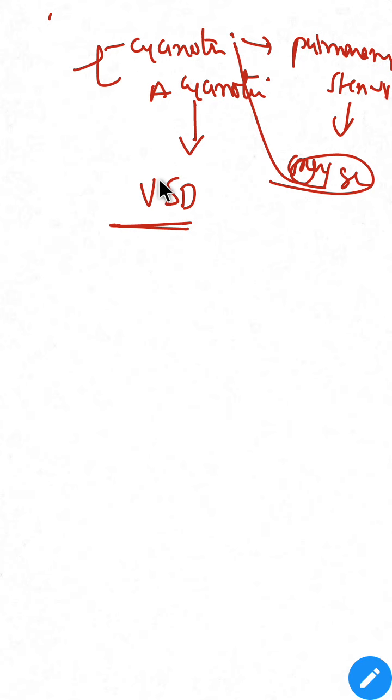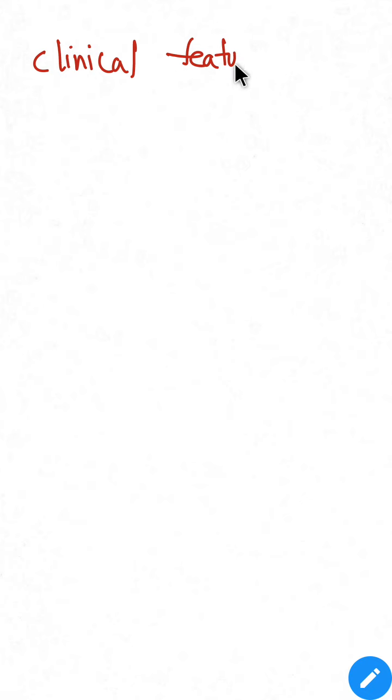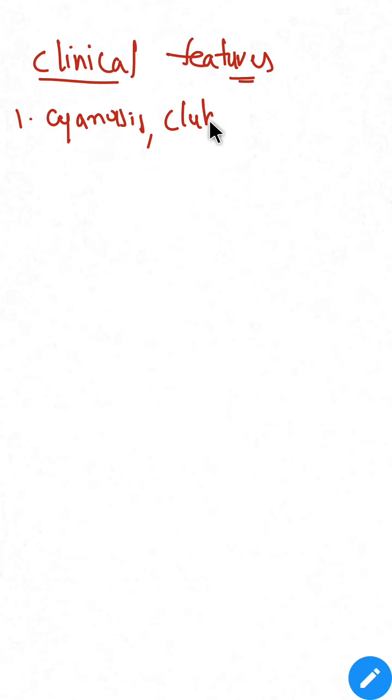Then moving to clinical features. The first is cyanosis, clubbing, polycythemia, and cyanotic spells.